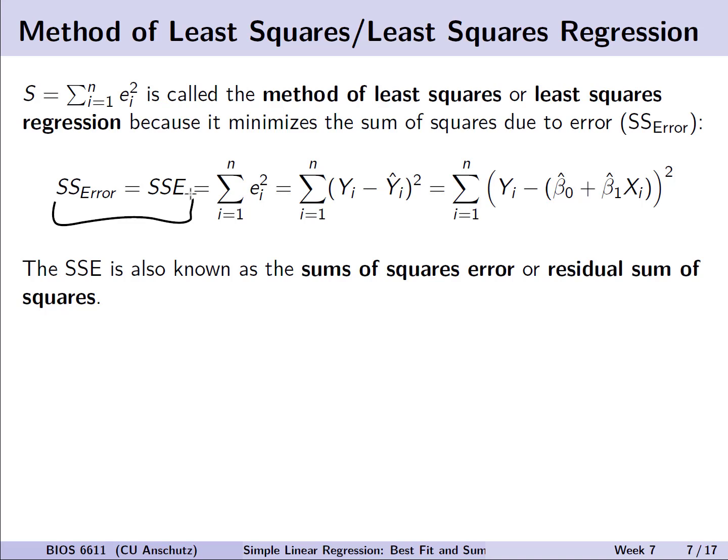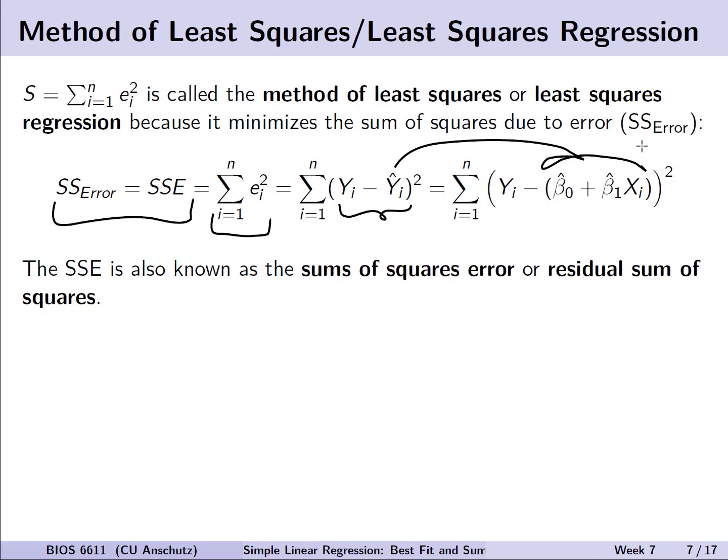First, we have SS sub error, also represented in many places as just SSE. This is really, strictly speaking, the sum of our residuals squared, which we can rewrite as the actual definition: the observed yi minus the predicted y hat i, squared. A further change we can make is to take our y hat and replace it with beta naught hat plus beta 1 hat xi.